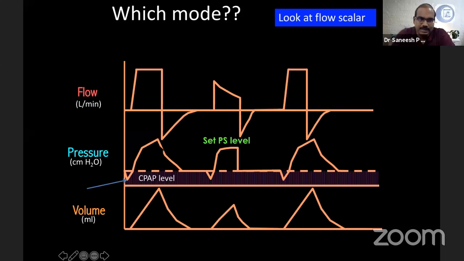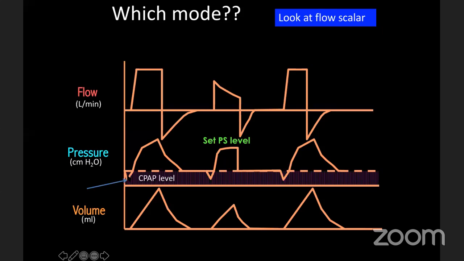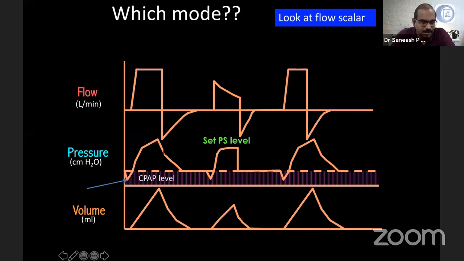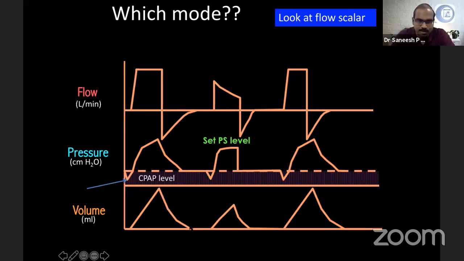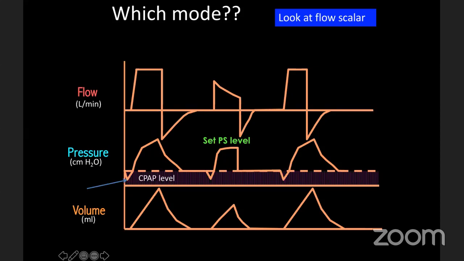That pattern we also find in a volume control breath, and this one says the patient is allowed to trigger. It's an assisted breath, an assisted volume control breath. We'll come to that later. The volume gradually picks up and then goes to exhalation.